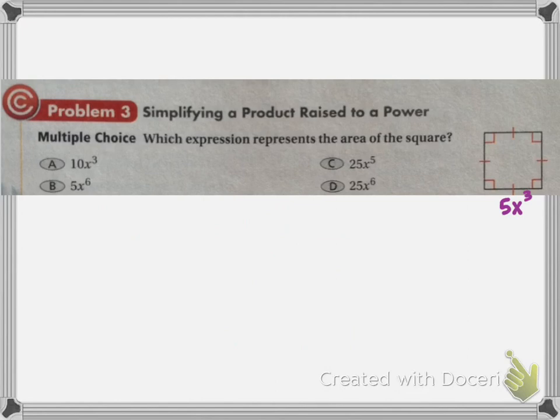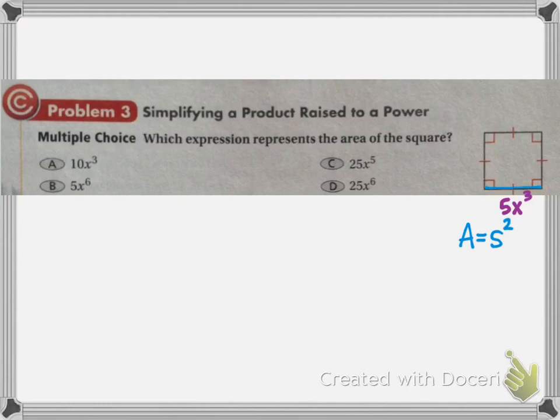So here's an example kind of related to geometry. What I want is to figure out the area of that square if the side length is 5x to the third. So the area of a square, and that's not all the way around, that's not 5x 4 times. That's the whole inside area of the square. So to find the area of a square, you can do side times side, which is side squared.